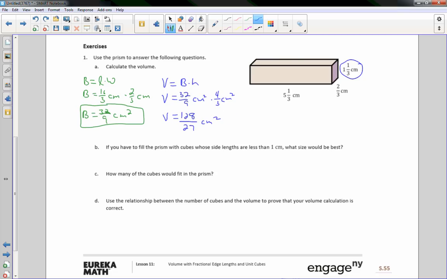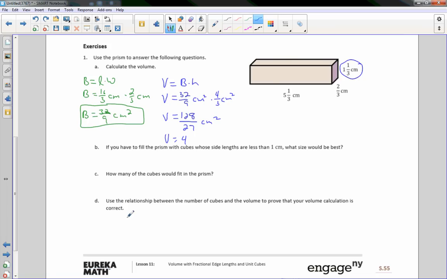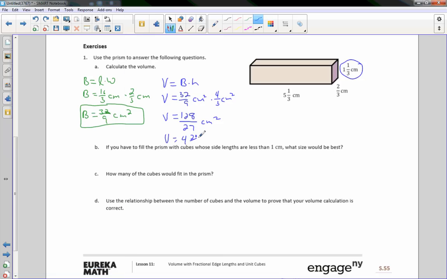So if I want to make this mixed, then I go to my calculator. And there we have it. 128 divided by 27 is 4.74. So I know that that volume is 4. So 27 times 4, I need my remainder. 27 times 4 is 108. So that's 20 remainder.